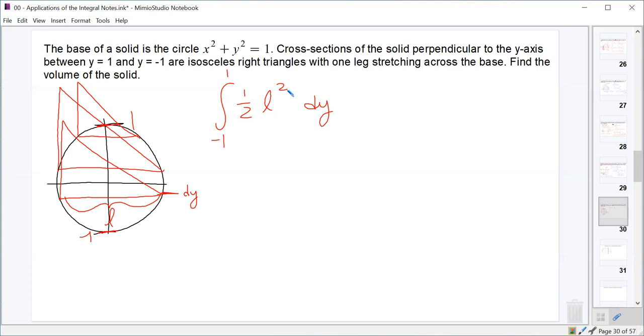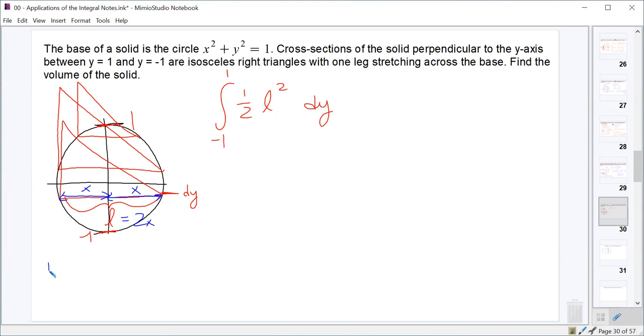In order to do that, though, we'll first write it in terms of x, because it's a distance in the x direction to begin with. In fact, this distance is x, the distance from the y-axis going over to some point on the circle. And since the circle is symmetric, this is also x, meaning that L is equal to 2x.